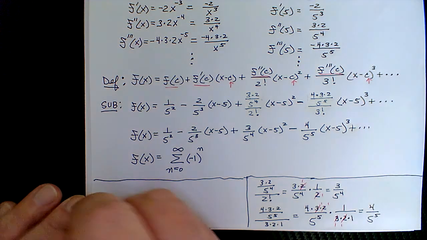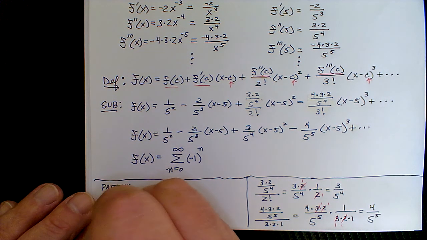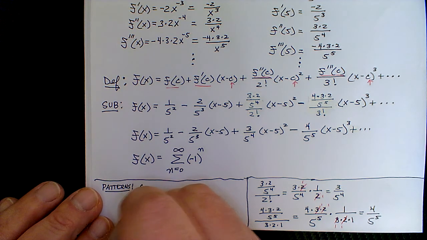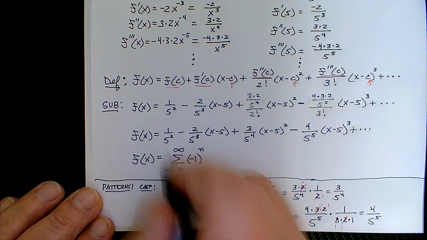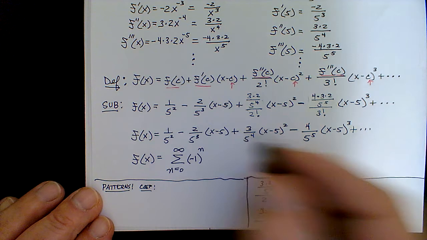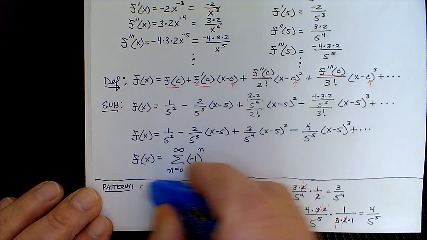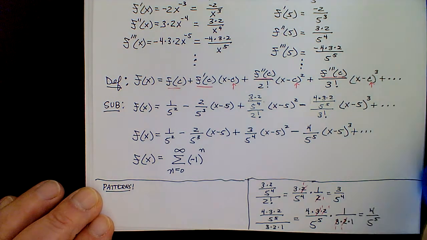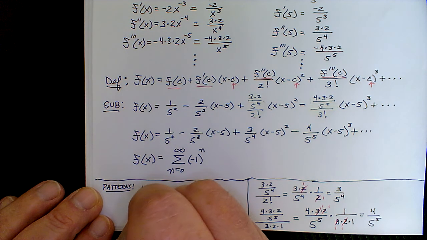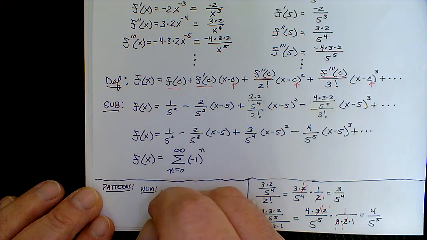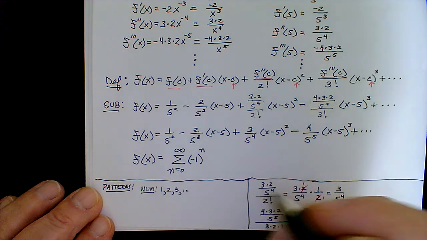And let's see for the patterns. Let's break it down into 3 things. Coefficients. The numerator is basically what I'm going to talk about. So let's say numerator, because the factorial is kind of separated. The numerator follows 1, 2, 3, and so on.